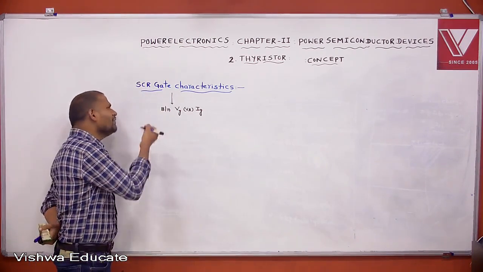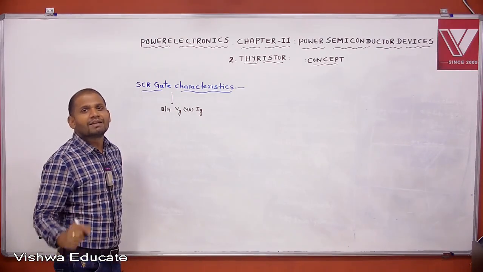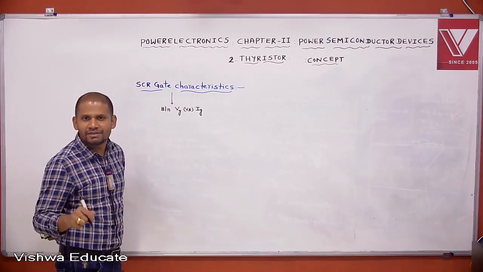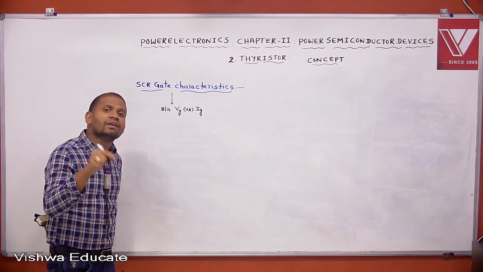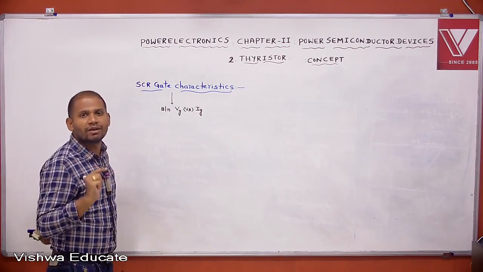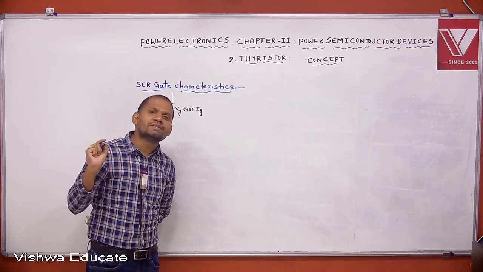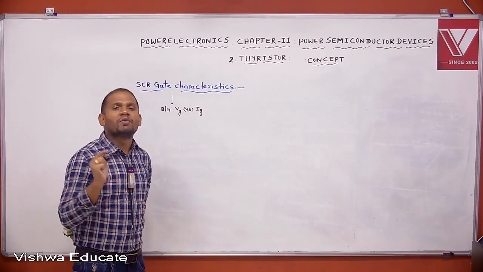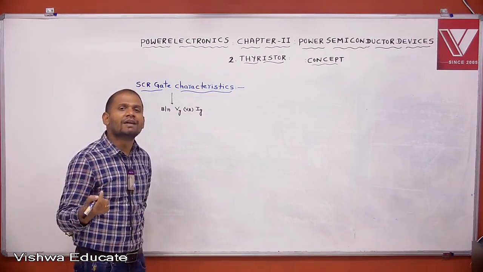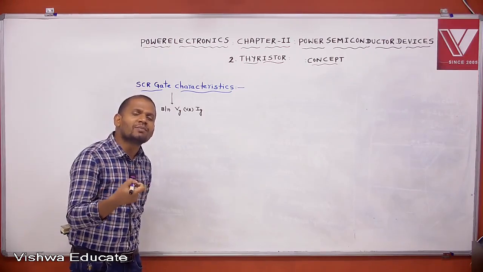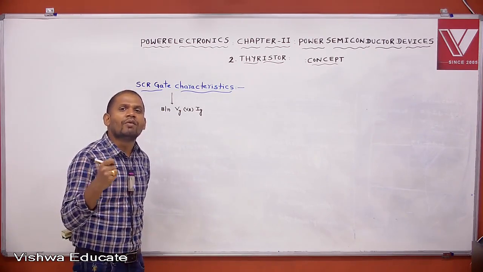But what is the significance of gate characteristics? What is the need of drawing the gate characteristics of a thyristor? The gate characteristics help to find the operating point of a given thyristor gate terminal. In the SCR, the gate is a more sensitive element. If you apply a voltage less than the specified voltage, it will not trigger. If you apply a voltage greater than some maximum voltage, the gate will be damaged because it is operated at a very low rating.